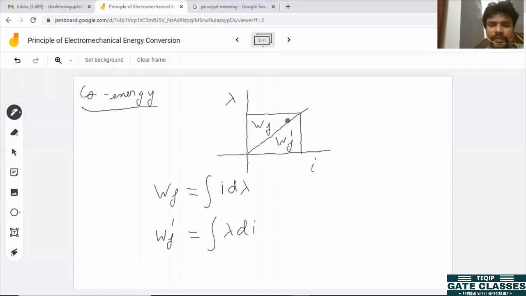If we write lambda in terms of inductance L and current I, it will be L I di, where we are changing the current from 0 to I, so it will be half L I square. This is a more familiar equation. This is the energy stored by an inductor.